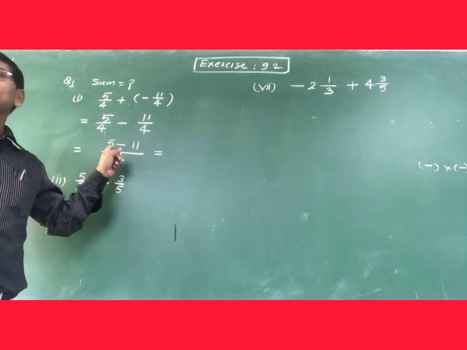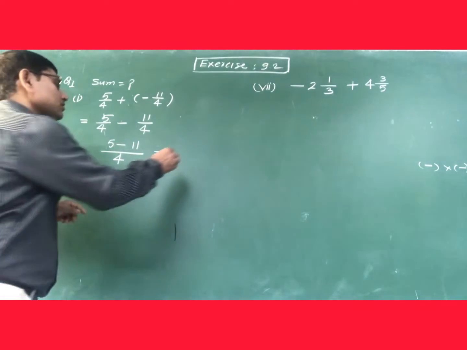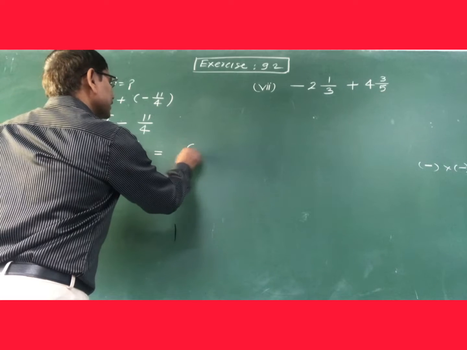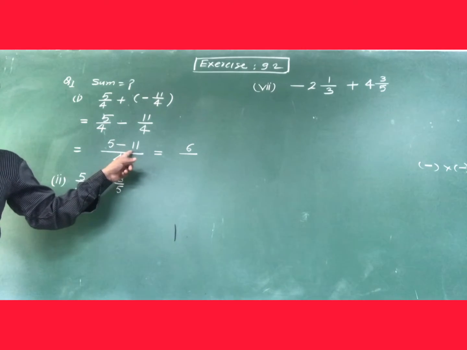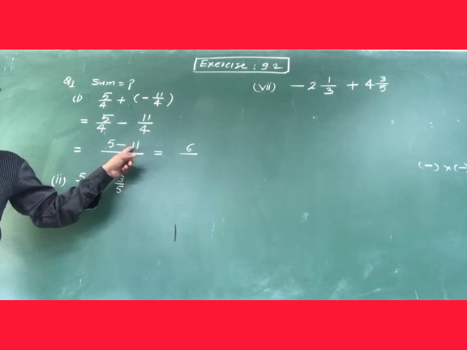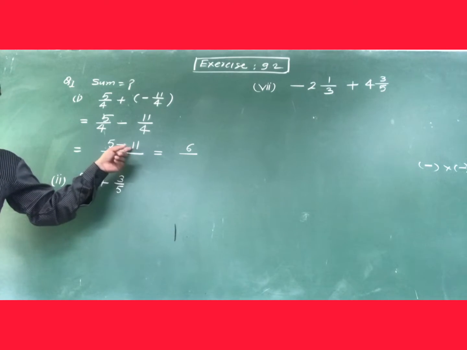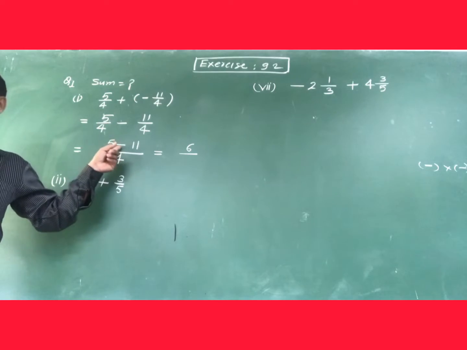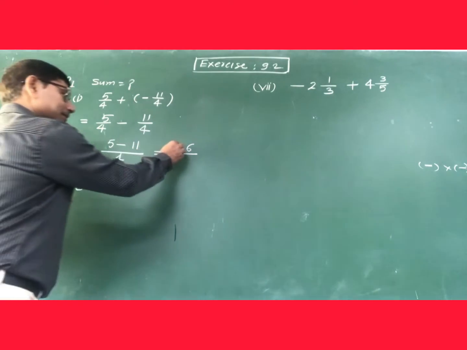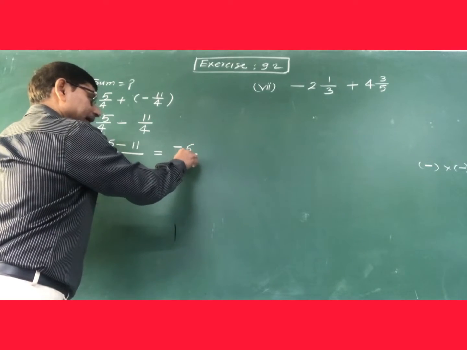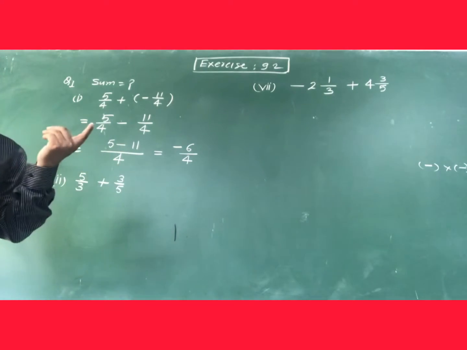So 11 minus 5? 6. And after that you will observe which number is greater. 11 is greater, okay, and 11 has the minus sign, so you will put here minus sign, and the denominator will be same.